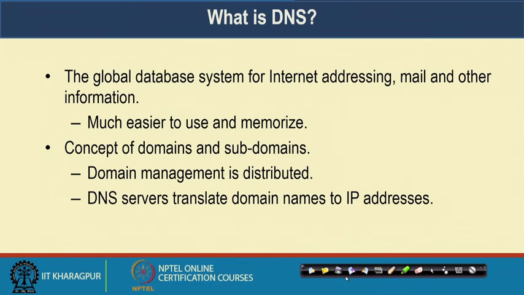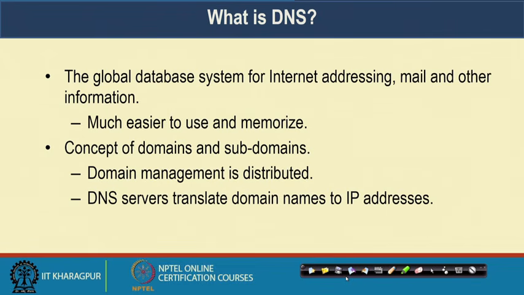So, why suddenly do we require this? Whenever we want to communicate a data packet from one node to another, we require primarily the IP address of the destination. Especially when we do internet networking, the IP address of the destination is what we require. Now, remembering an IP address is a tedious job.